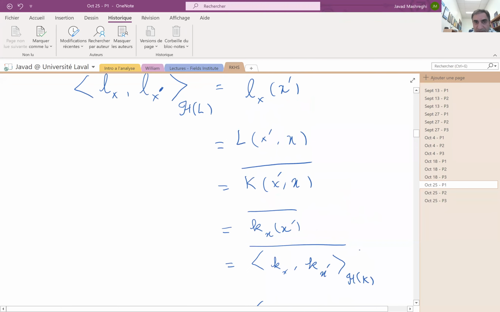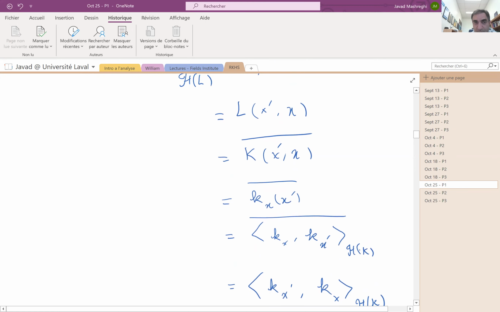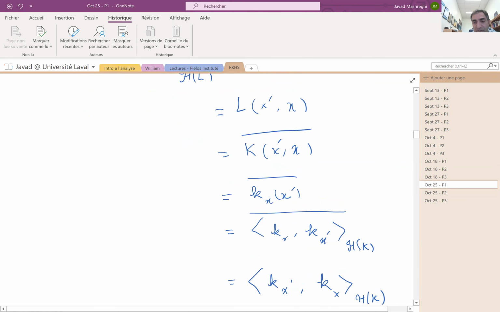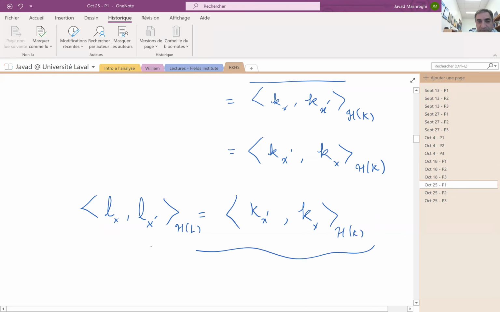This is an important identity, the relation between the inner product in H L and the inner product in H K. I write it again, a box formula. So l index x, inner product with l x prime in H of L, is equal to the order reversed, k x prime, k x, inner product in H K.